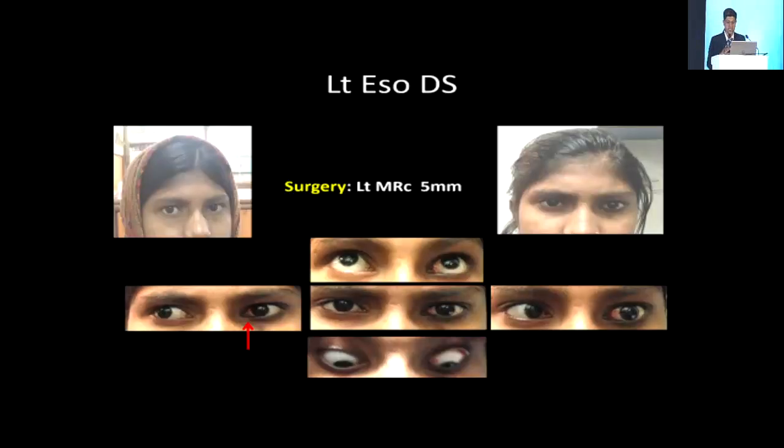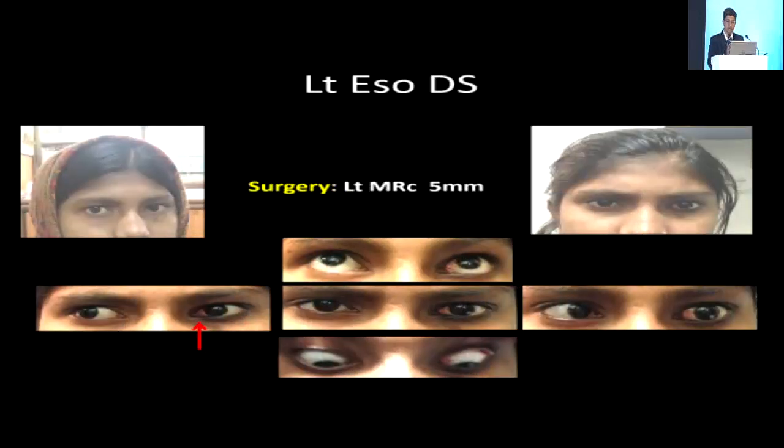In this child, we did a small amount of medial rectus recession on the involved eye, with good primary gaze alignment, but you can see that there is an adduction deficit. In a comitant squint, had you done 5 mm of medial rectus recession, you wouldn't have seen any adduction deficit. But in Duane's you are very likely to see it.